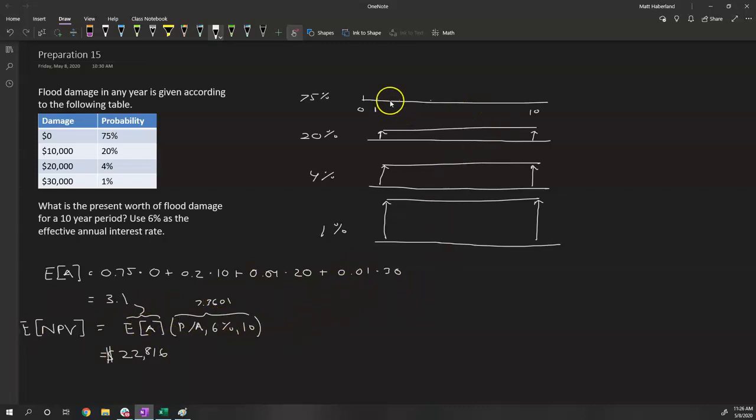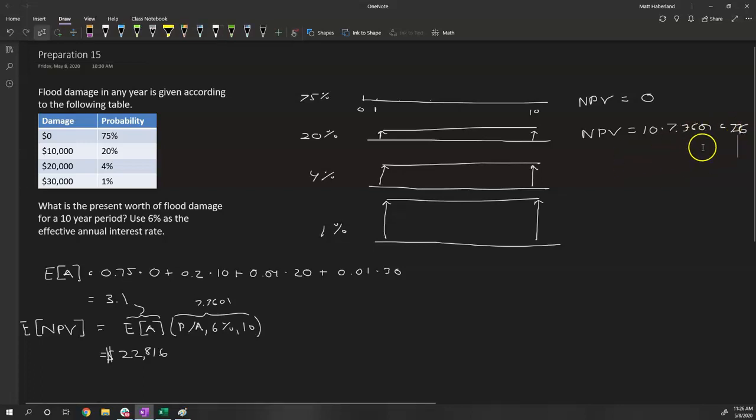Another way we could do this is we could take the net present value of each of these. So the net present value in this case is equal to, well, we've got 0, right? The net present value in this case is $10,000 multiplied by our discount factor, 7.3601. And that's 73.61. Let me try to clean up my handwriting.